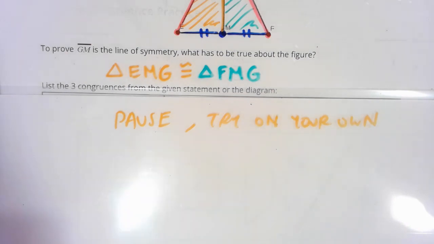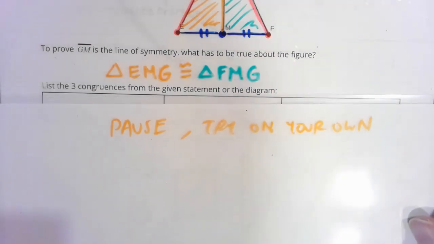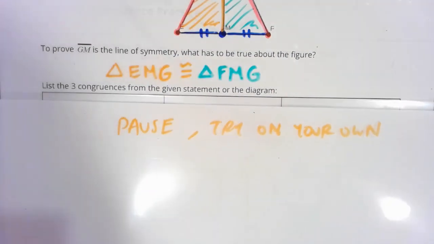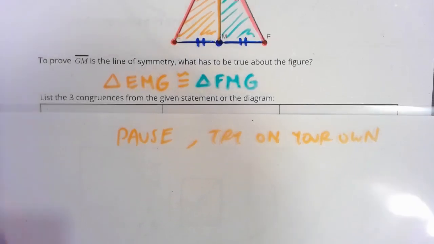And then once you're done, we're going to go over the rest of this page. I'll wait for a moment and you can pause. Okay, now you are resuming the video after you've tried the rest of this page on your own, and you can check your work with me.